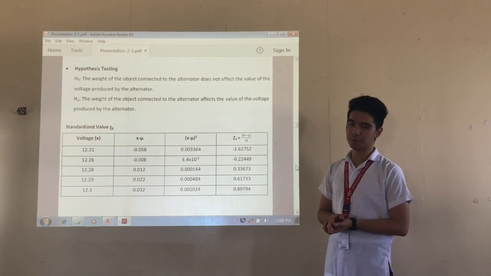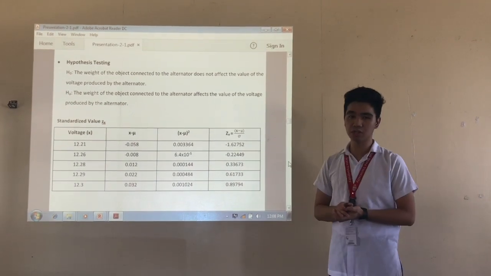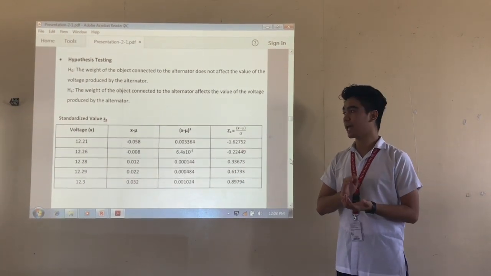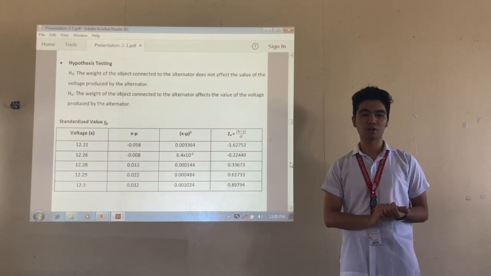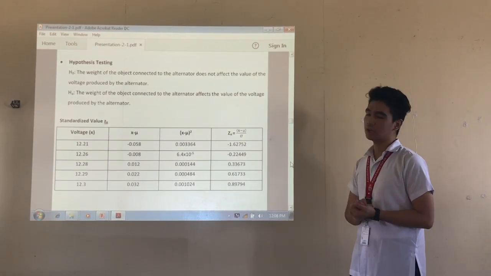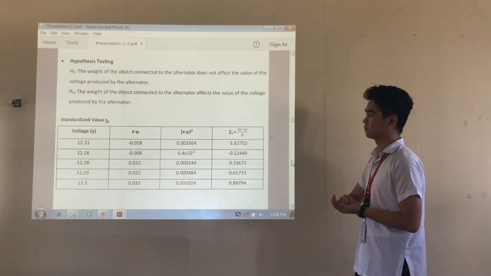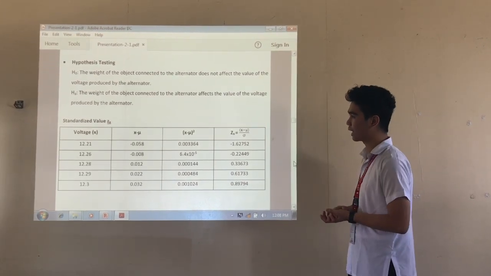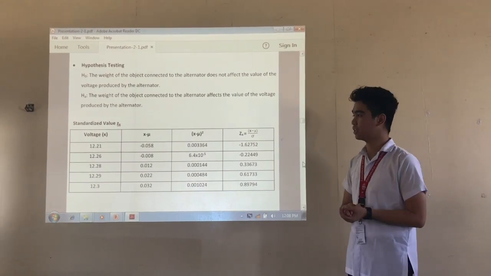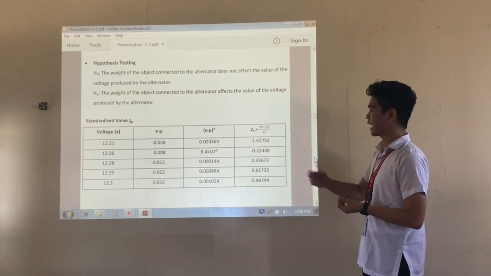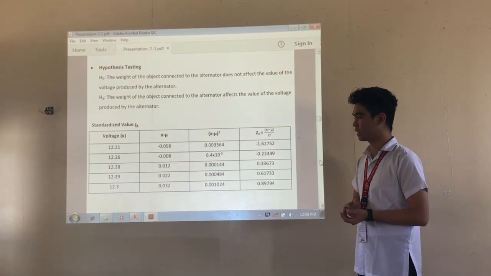Again, kukunin po muna natin yung standardized value ng x at standardized value ng y para po makuha natin yung result na r. Ang formula po ng pagkuha ng standardized value ng x ay x minus mean over standard deviation.